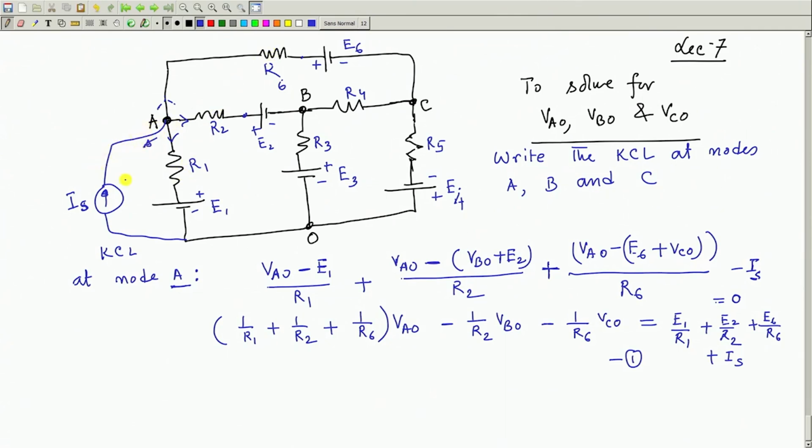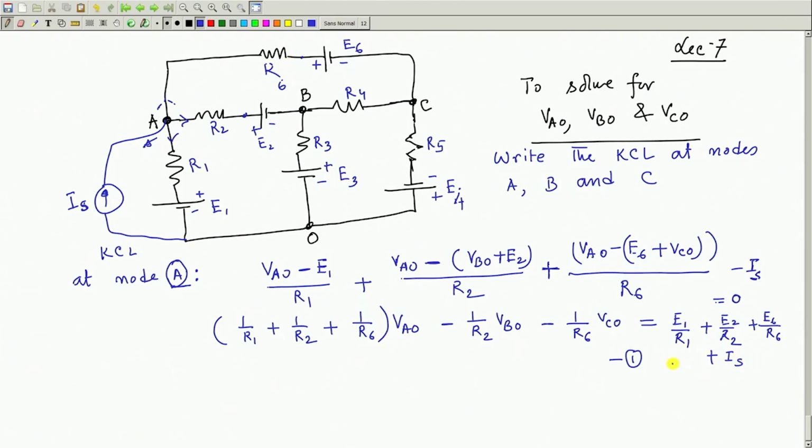The coefficient of VBO will be the reciprocal of any resistance connected between A and B, preceded by a negative sign. Is there a common resistance between A and B? Yes, R2. Similarly, the coefficient of VCO will be minus 1/R6, because there is a common resistance between A and C, which is R6. This is what I will only remember.